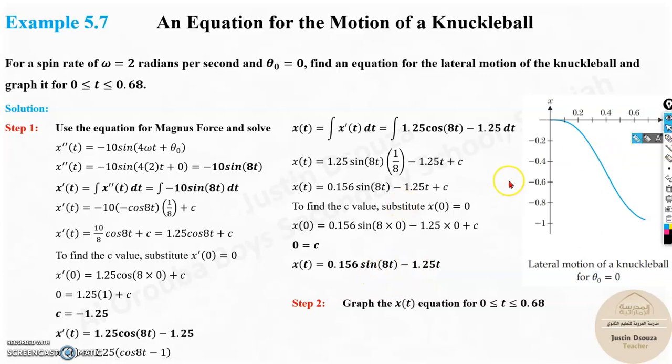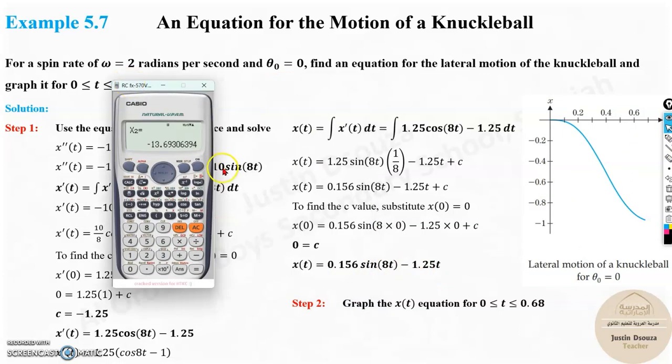It will be very simple: 0.156 into sine of 8 into 0.1, minus 1.25 times 0.1. What is the value you're getting? It is about 0.122.